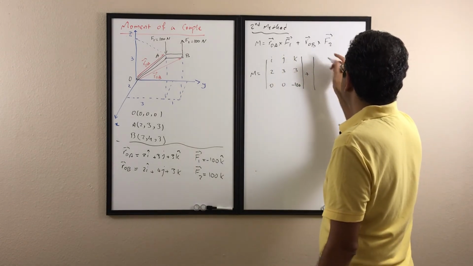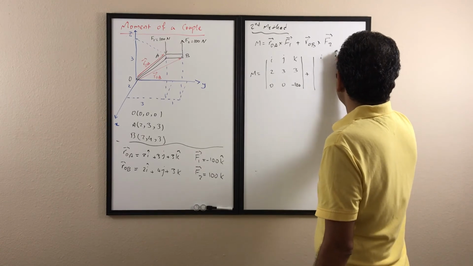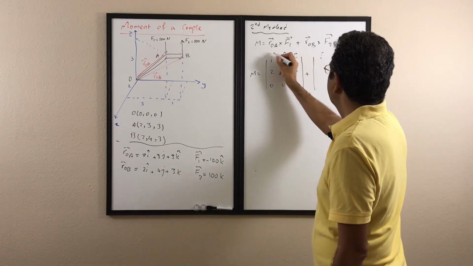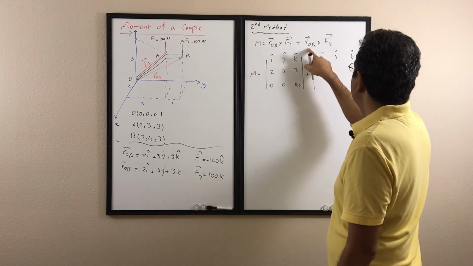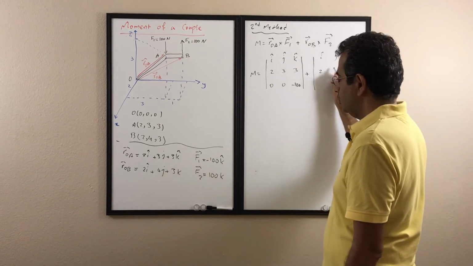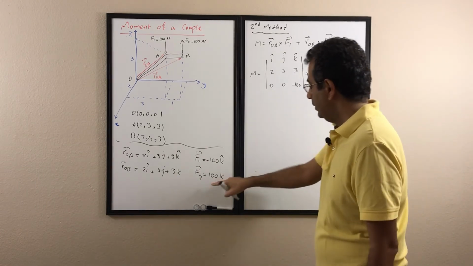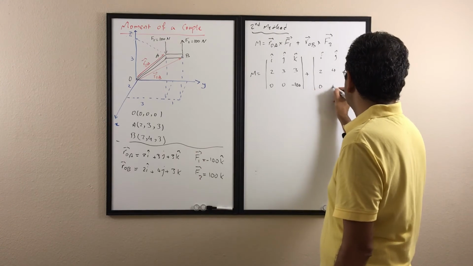This determinant is again i, j, k, and then the components of ROB, which are 2, 4, and 3, and the components of F2, which is 100k, so 0, 0, and 100.